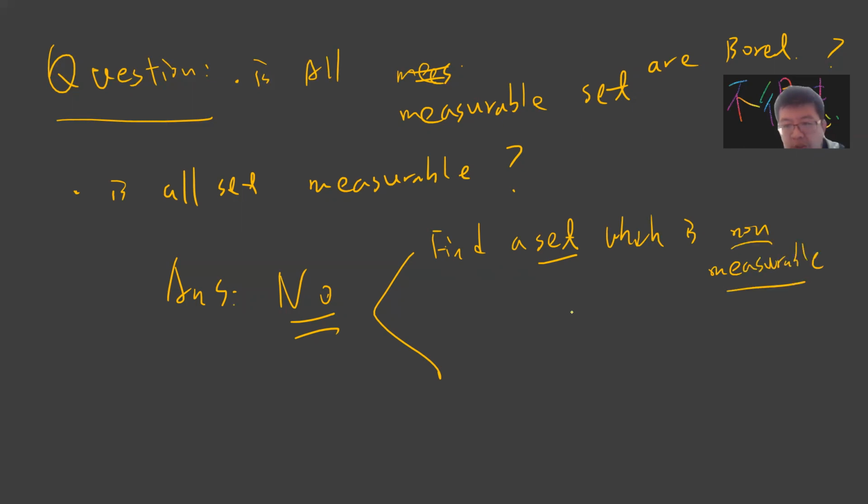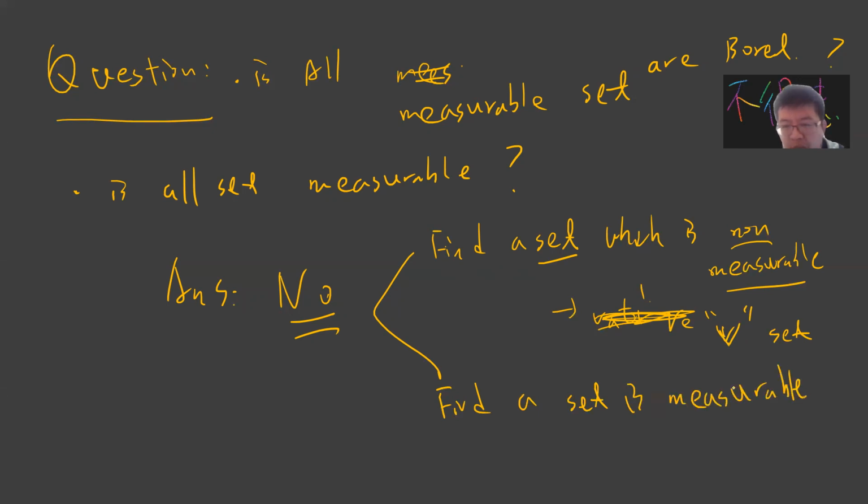This is a famous Vitali set. I forget how to spell it, but I will give you the explanation in a future video. Yes, it is called a Vitali set, something starting with V. And you can also find a set that is measurable but not Borel.